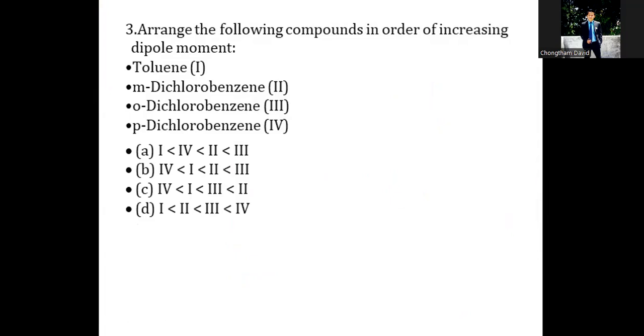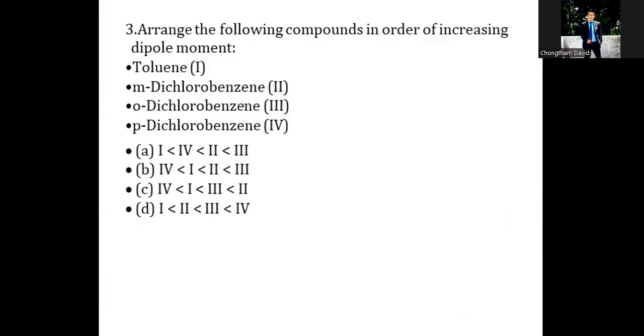Toluene, metadichlorobenzene, orthodichlorobenzene, para-dichlorobenzene. So in para-dichlorobenzene, the two equal dipoles are in opposite direction. So hence the molecule has zero dipole moment. Because as you know from chemical bonding, symmetrical molecules have zero dipole moment.